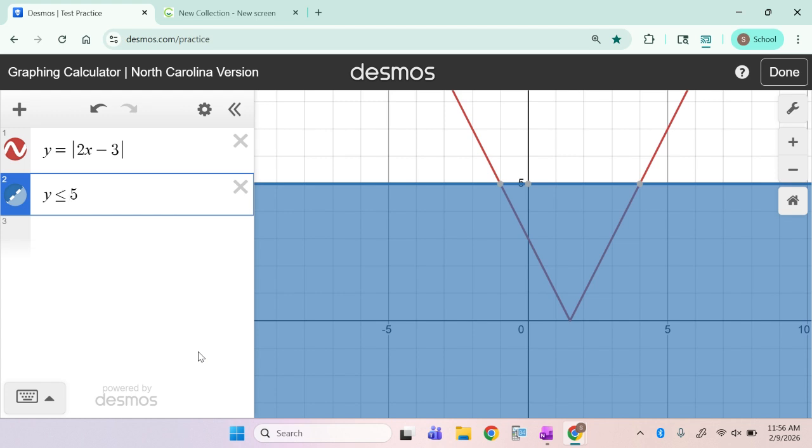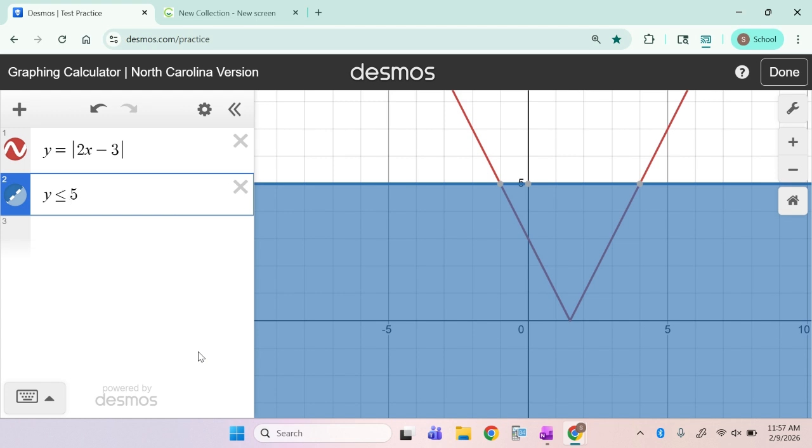So right here, these x values are where we want our graph to be. If I drew lines here, do you see how the graph is in between these two lines?